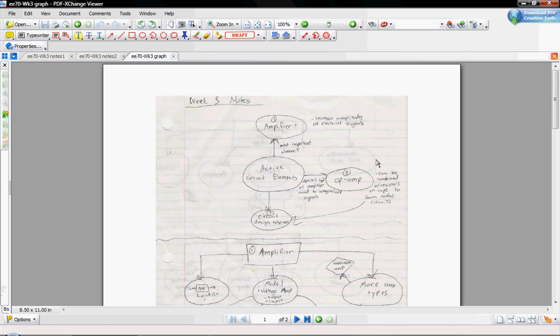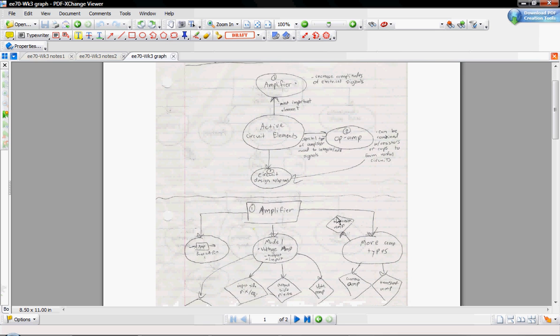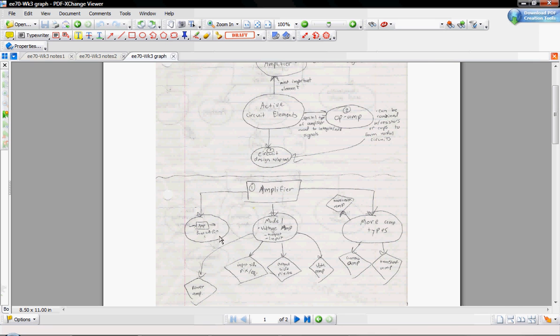Now we'll break it down even more. We have a graph for an amplifier. The amplifier here is a node for its picture, a model, the different topics for the model, and then more amplifier types.